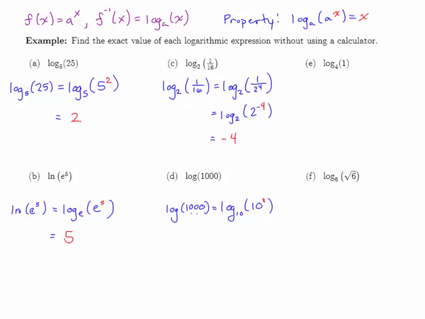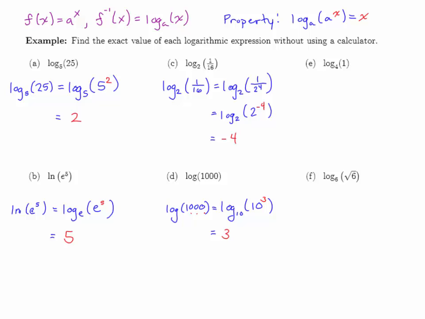So I've got 10 to the 3rd. And so when I simplify that through, we'll just get 3. So log of 1,000 is going to be the number 3.